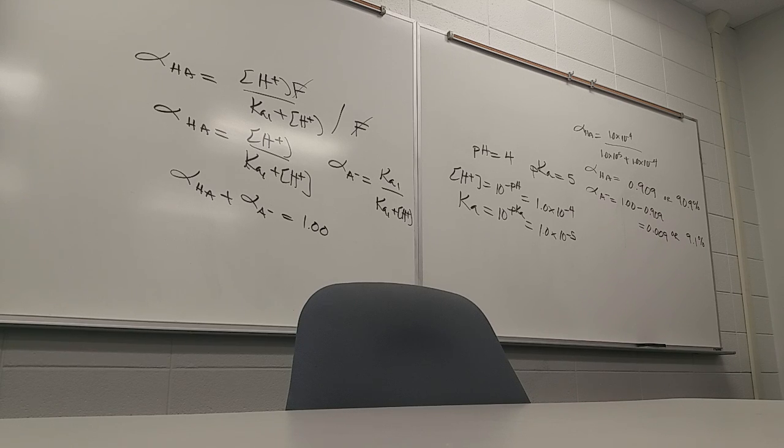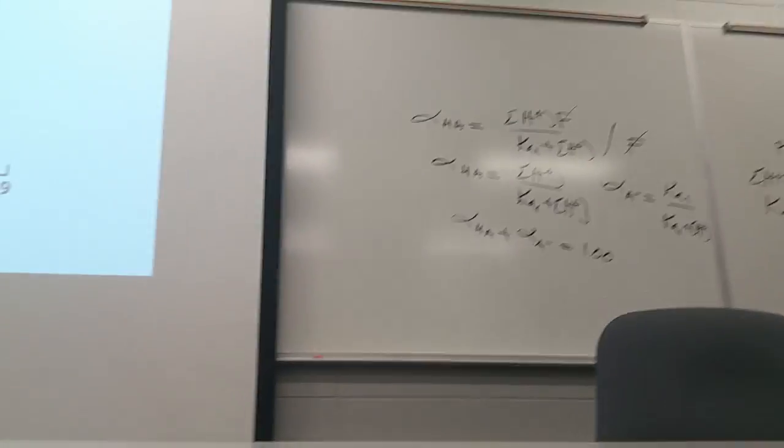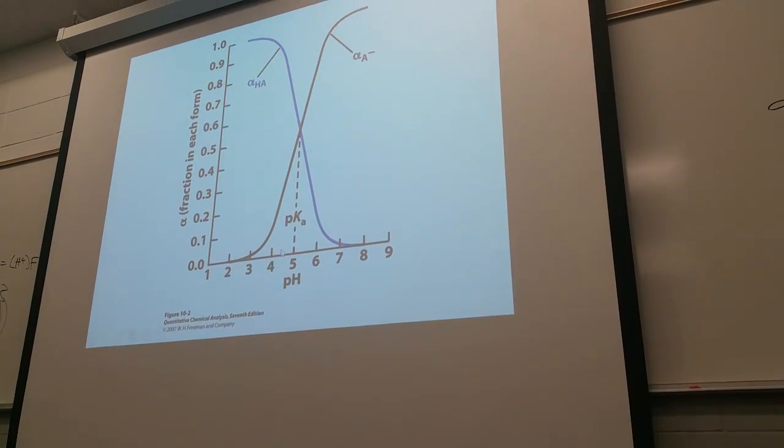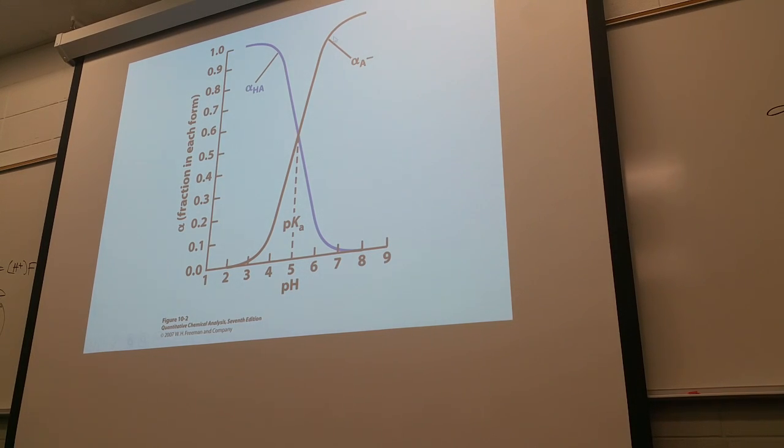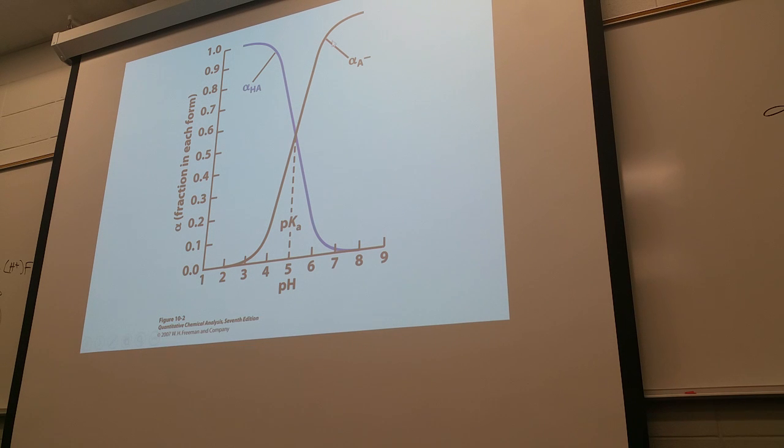If you have pKa equal to pH, like if you did this at pH 5, you can see that they're both at 50%. When you're at 4, this becomes 90% and 10%. And if you go 2 units away, now it's like 99% and 1% of the acid form versus the base form. And then if you flip the script and go to the more basic side, then the base form becomes the predominant one. So if we're doing this at pH 6, then it becomes 90% base, 9% acid.